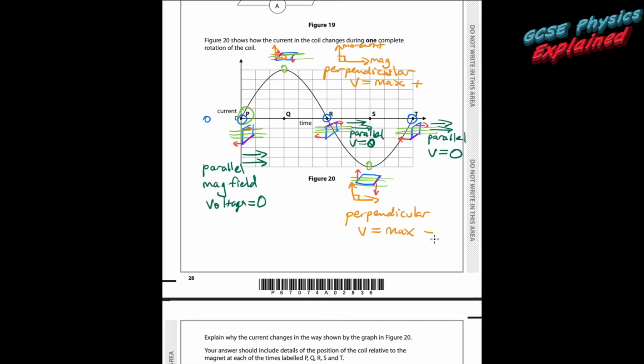Now if you're thinking there's a lot going on here, is there not a simple way to answer it? Yes, we could basically just analyse how big the voltage is at each point.